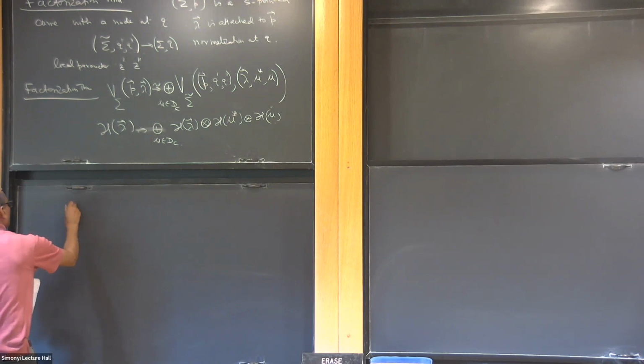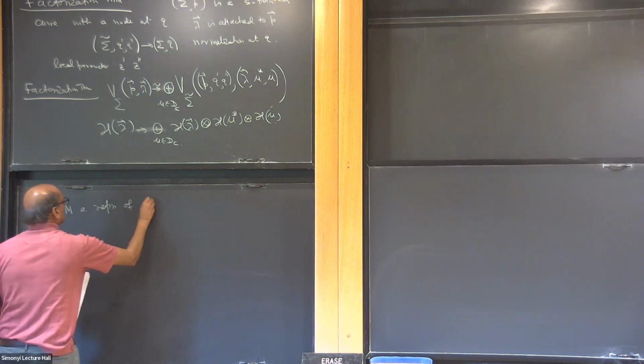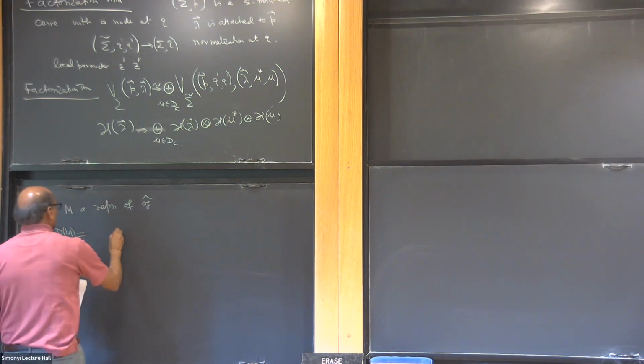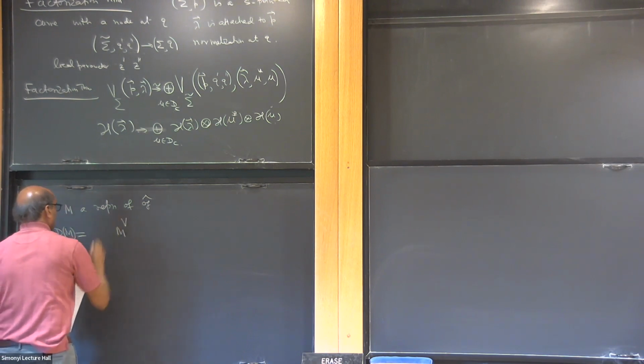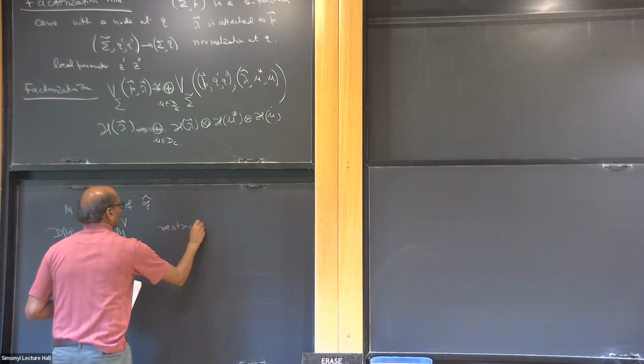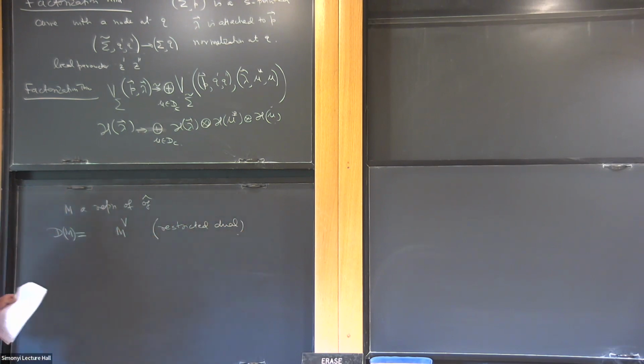If I take M a representation of G hat, then I define this D_M, and it is nothing but the restricted dual. That is nothing but you take the weighted spaces M_d here, and you take the direct sum of the duals of the weighted spaces.